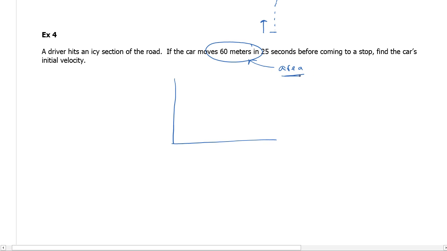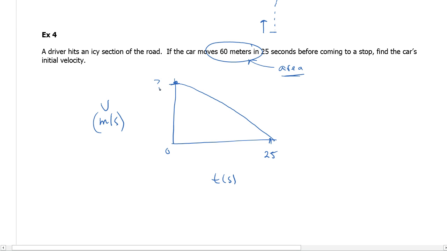The displacement is the area on a v-t graph. It goes 25 seconds. Here's the time. Here's the velocity in meters per second. So it is moving to begin with, and then it comes to a stop. So in other words, it started at some value here, and then it ends over there.